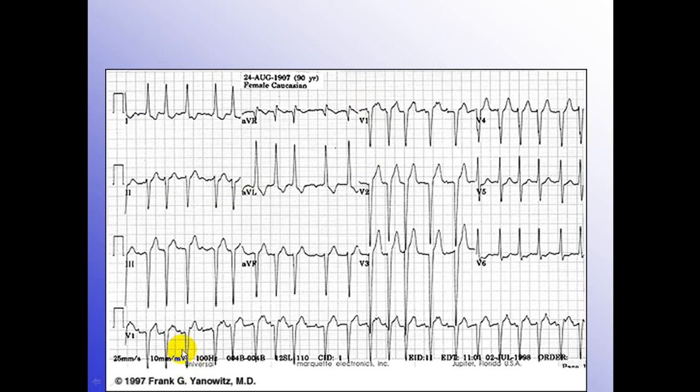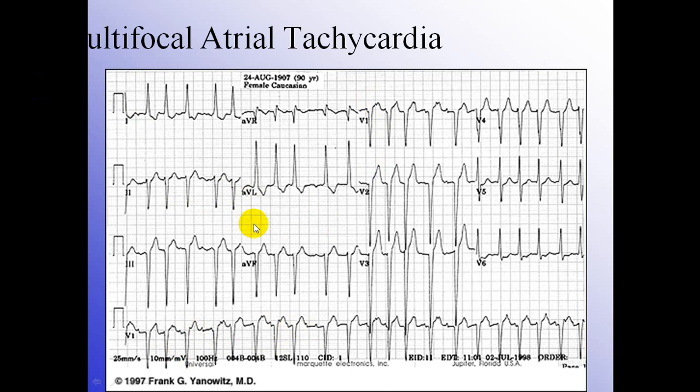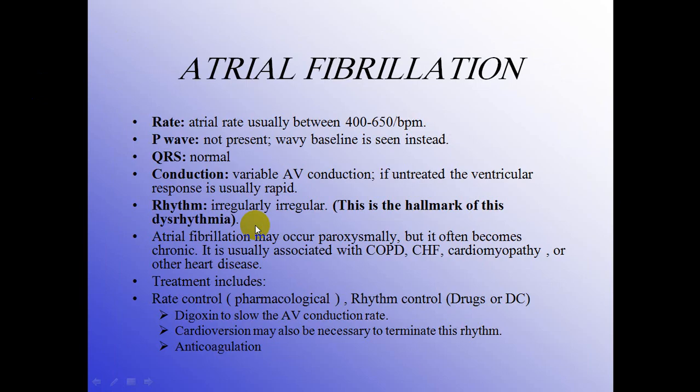Look at this abnormal P wave, and this abnormal P wave. The P waves are different from each other, and this is a P wave after the QRS complex. So this is what is called MAT, multifocal atrial tachycardia.